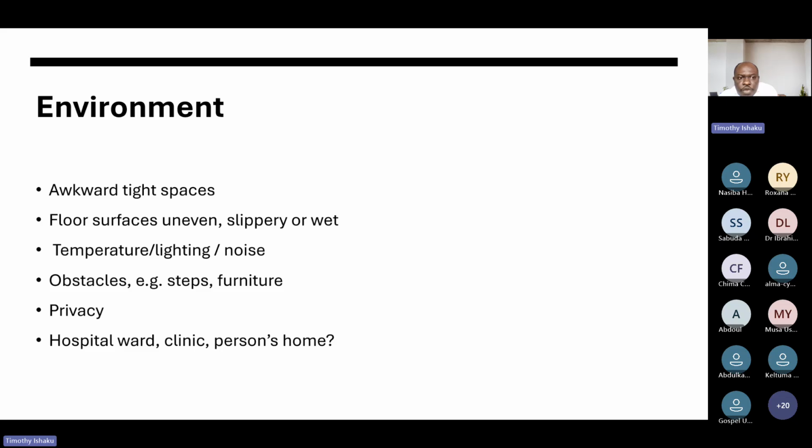The environment: we looked at the environment as part of the TILE, where the environment can influence the task. Awkward spaces, floor spaces, the temperature, the lighting, the noise in the background, the privacy of the patients, in the wards.